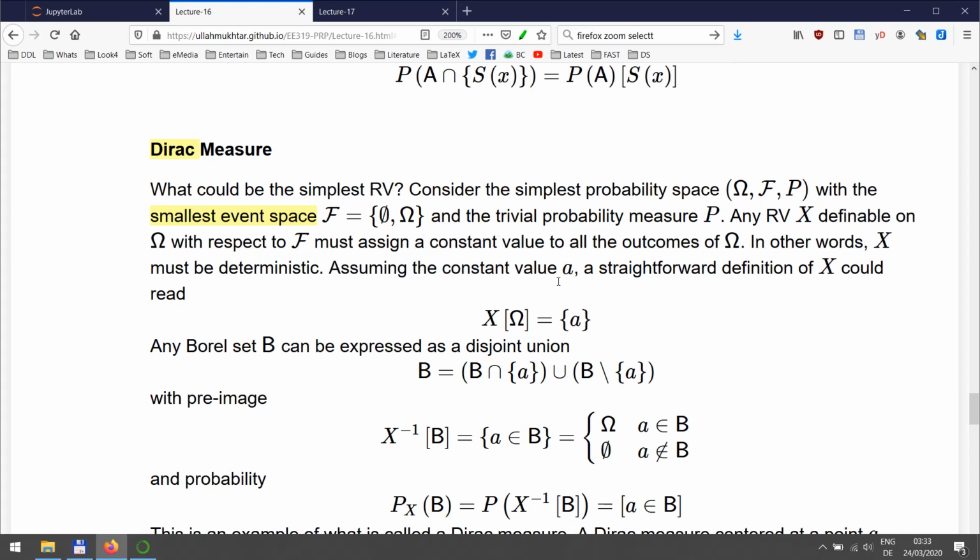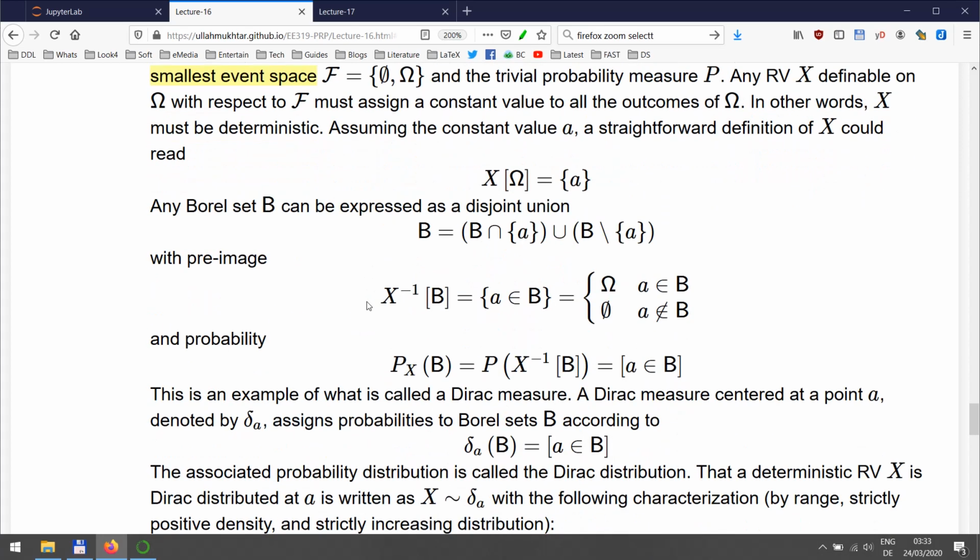So let's say that we assign a value a to all points of the sample space. I'll simply say x of any point in the sample space is a. That's it, because any point in the sample space is assigned the value a.